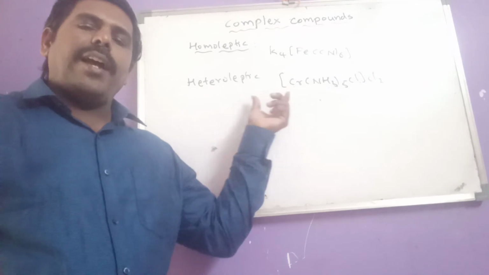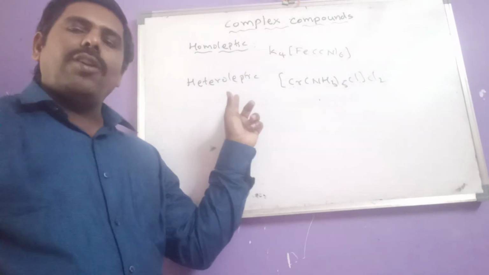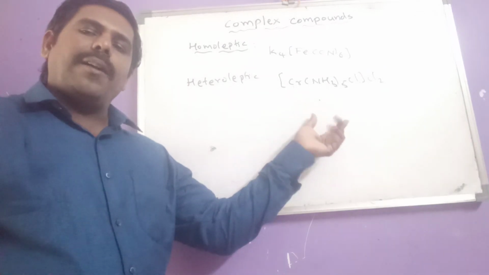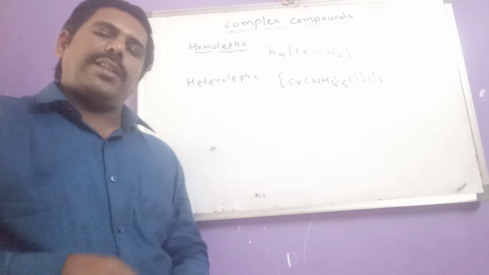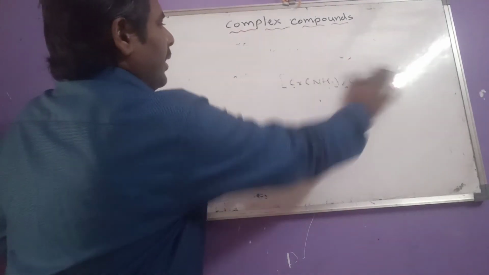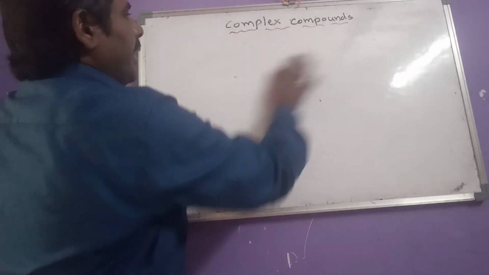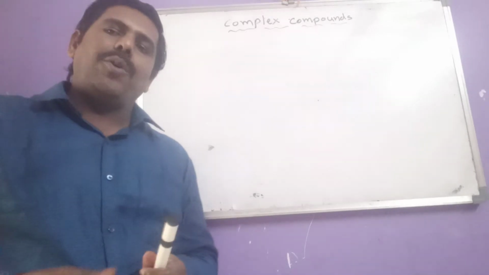So now it is having two different types of ligands, so known as a heteroleptic complex compound. Now this is one type of classification, and another type of classification also there. What is that? Cationic, anionic, and neutral complex compounds.